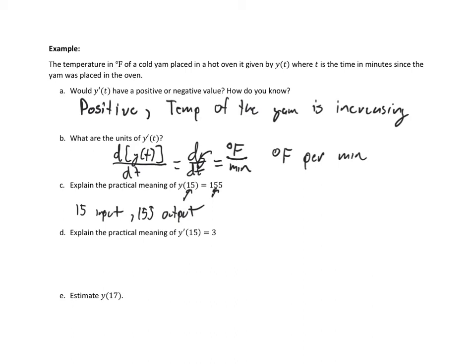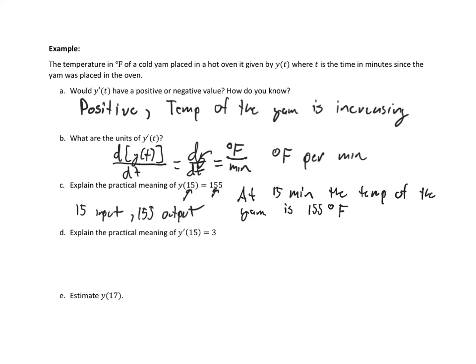So if 15 is the input, and input is time, 155 is the output, and output is temperature, I would say this statement is telling us at 15 minutes, the temperature of the yam is 155 degrees Fahrenheit.